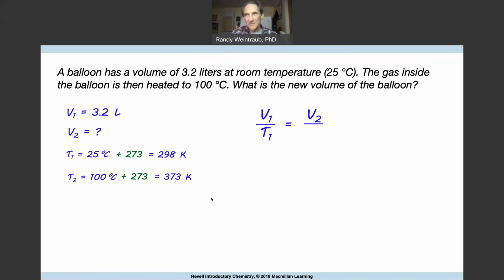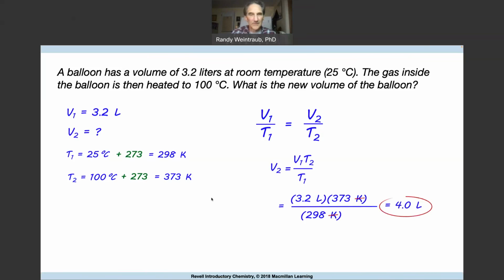And now use the relationship from Charles's law and solve for V2. And degrees K cancel out, and we will arrive at the answer of 4.0 liters.